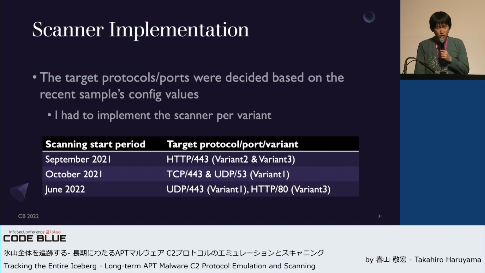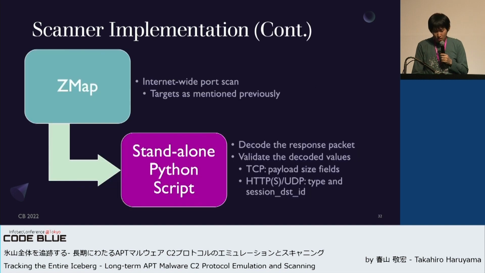Before the scanner implementation, the target protocols and ports were decided based on the recent samples' configuration values. I had to implement the scanner per variant due to the difference of immediate values used in the packet encoding. Like WinNTI version 4 C2 scanning, first I create a list of hosts open at targeted ports using ZMap.